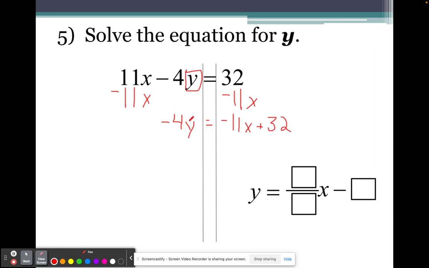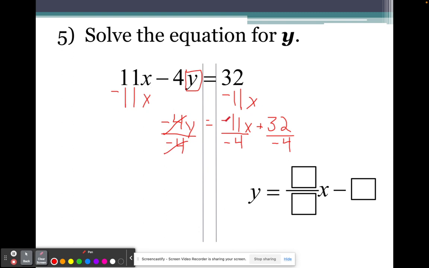Okay, now when I look at this, I need to get rid of that negative 4. So I'm going to divide by negative 4. This is especially helpful if you divide by negative 4 on all of the terms. This cancels out.